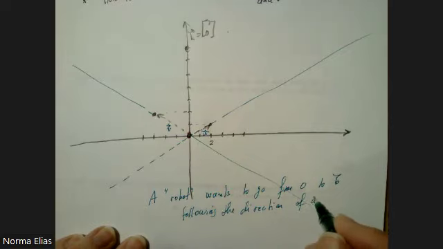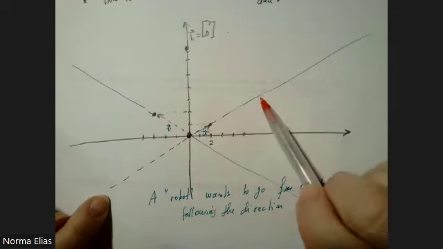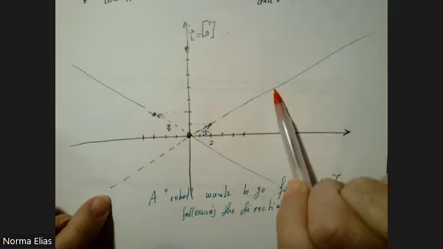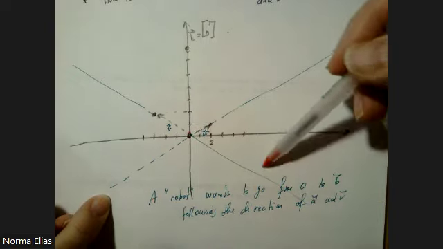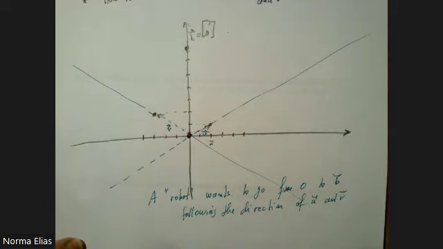The direction of U and V. Okay, so a robot wants to go from here to here following the direction of U and V. It means the robot can only move parallel to the vector U, so parallel to this line, or parallel to that line. So it cannot zigzag the way it wants. And the question is, can the robot do that? So if we can understand the scenario, we understand at least linear combination in R2.